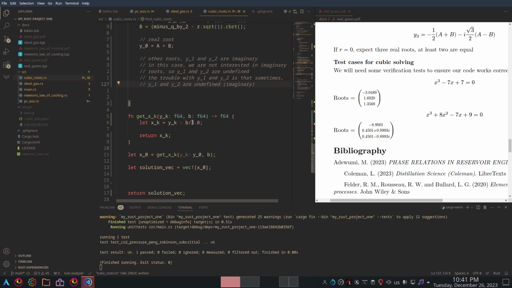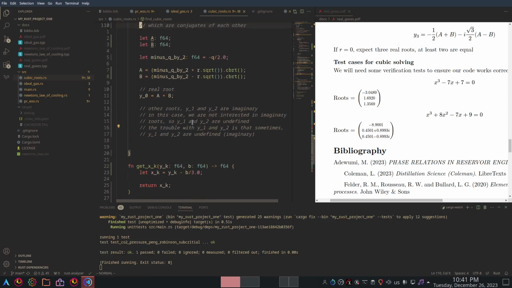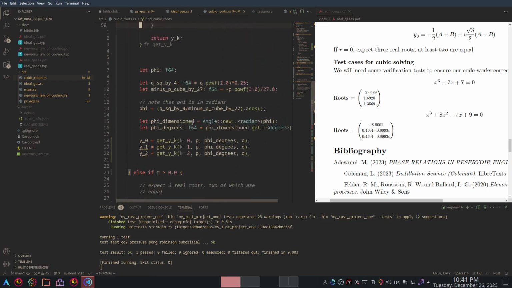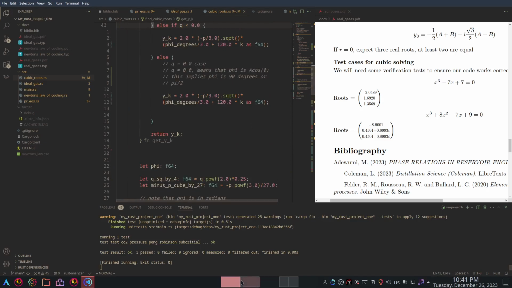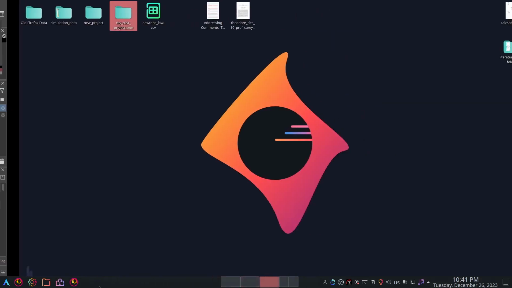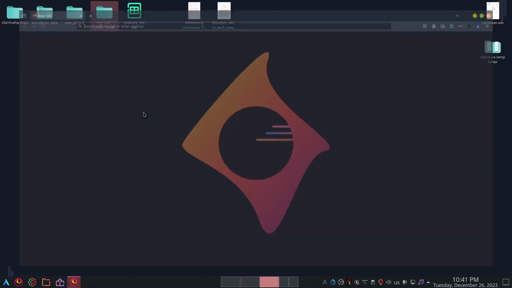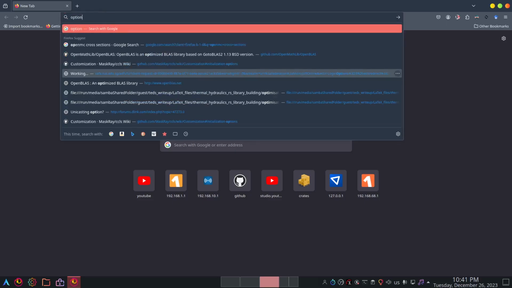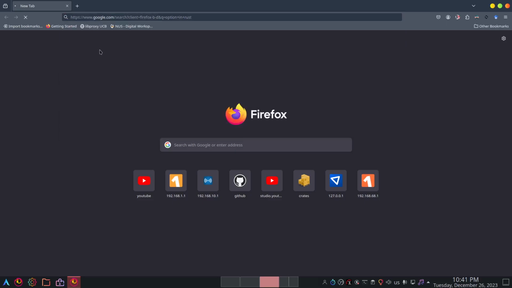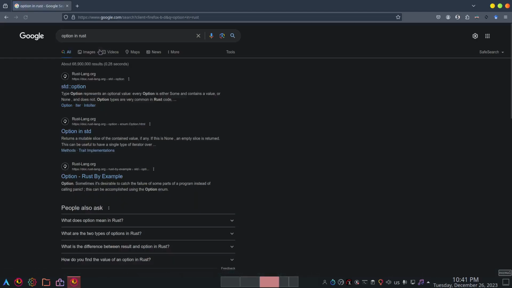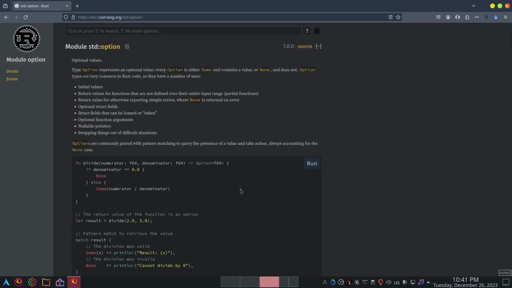The most basic thing is to use this thing called an option. Option in Rust is one of the most important ways you tell Rust that sometimes the value exists, sometimes it doesn't.